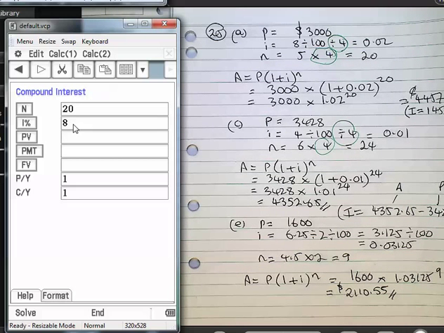The present amount. Now this is just a little fiddly thing. Because that money's coming out of my pocket, or the person's pocket, we take out 3,000. I don't know what the future amount is, but the compounding period per year is quarters.